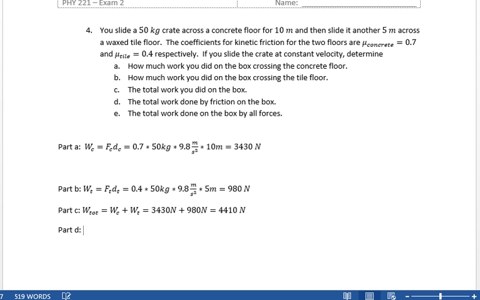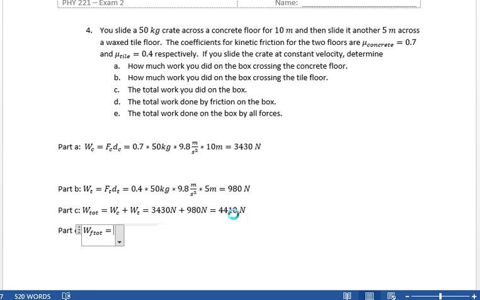Okay, the total work, part D. The total work done by friction. Well, the force of friction is opposite to the direction of motion, and it goes the same distance, and the force of friction is the same as the force we applied.